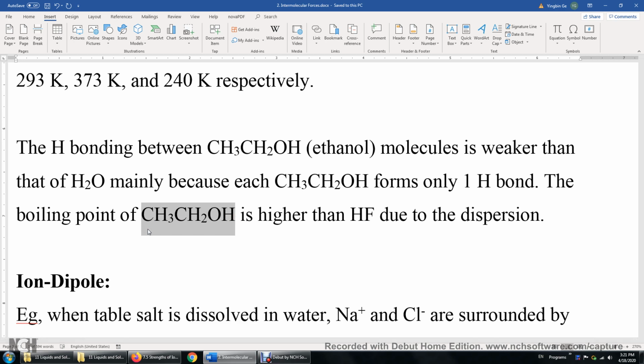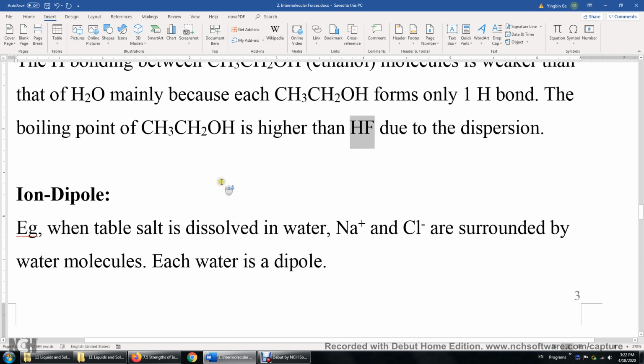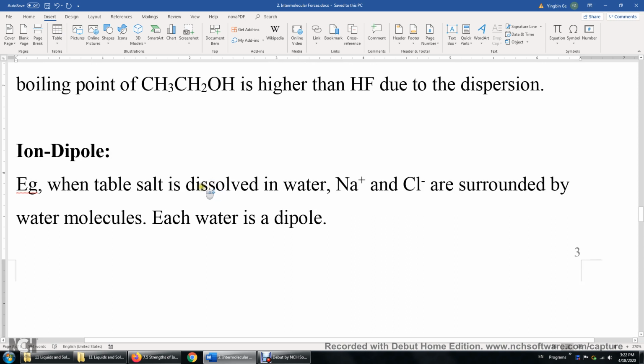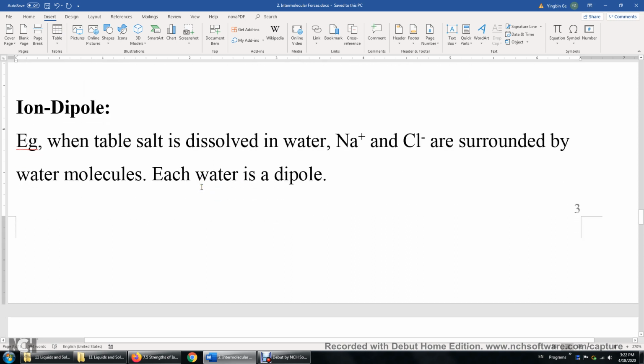And therefore, the boiling point of ethanol is higher than the boiling point of hydrogen fluoride. I think the boiling point of ethanol is roughly 78 degrees Celsius. HF, 20 degrees Celsius. The third type is the so-called ion-dipole interaction.